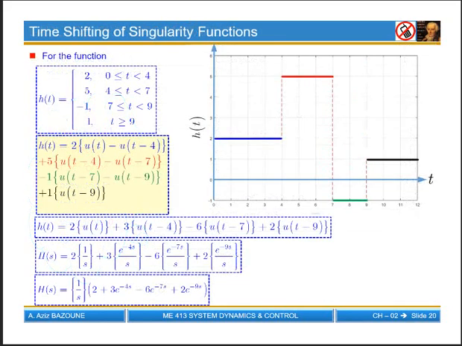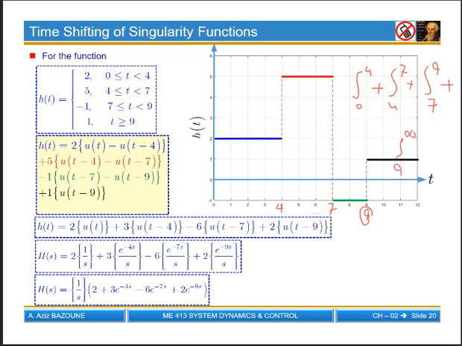You cannot always apply the table. For example, in this case you cannot apply the table, because the function is defined from 0 to 4, then from 4 to 7, then from 7 to 9. When we do the integration, we integrate from 0 to 4, plus the function from 4 to 7, plus the function from 7 to 9, and then from 9 to infinity.